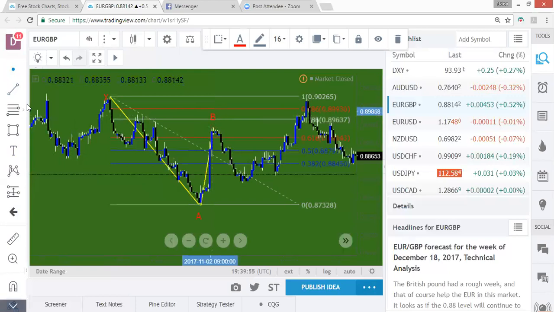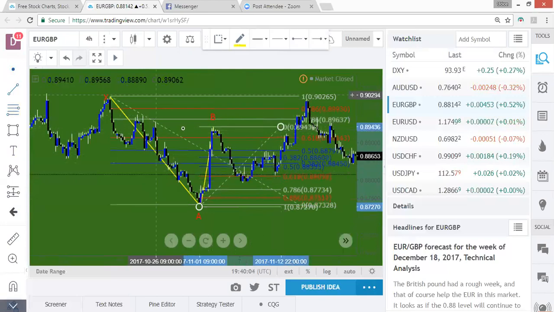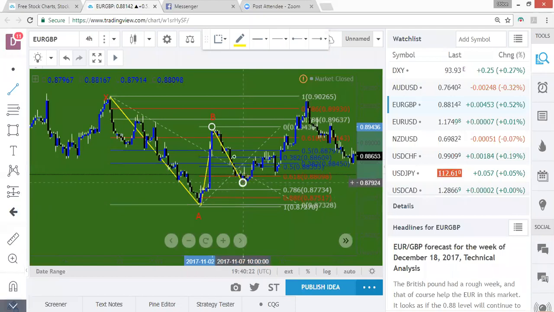Now, to get our C, Fibonacci retracement from A to B, we need the market to pull back to a minimum of the 618. And again, we got 618 respect right here. Break past the 618 a little bit, can't make it to the 786, which if the price had come all the way down to here, even down to here, we would have had a valid pattern, but it didn't. It respected our minimum 618, gave us our valid C leg.